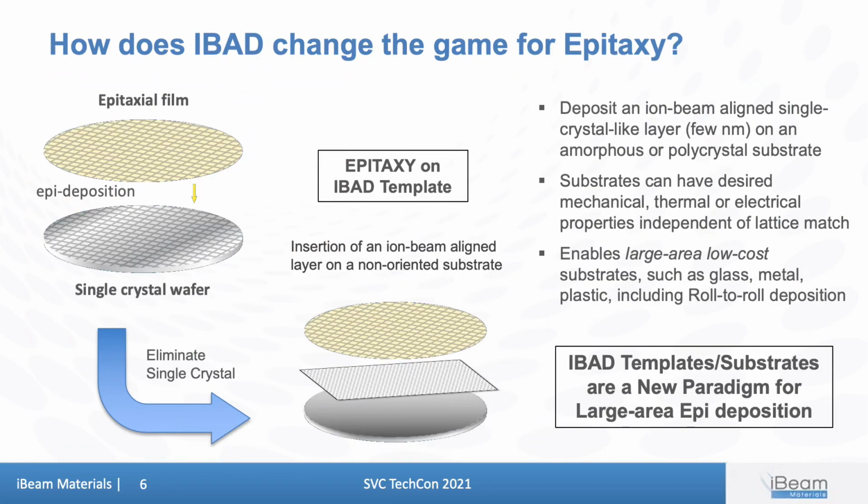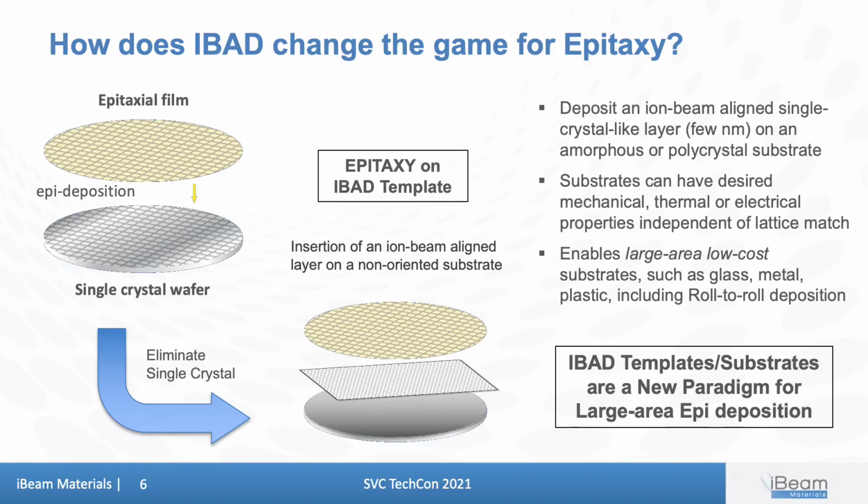So how does IBAD change epitaxy? Well, instead of using a single crystal wafer for epitaxial deposition, one can now eliminate that single crystal substrate and use an arbitrary substrate and then deposit a single crystal-like layer on top of that substrate and thereby create a template for epitaxy.